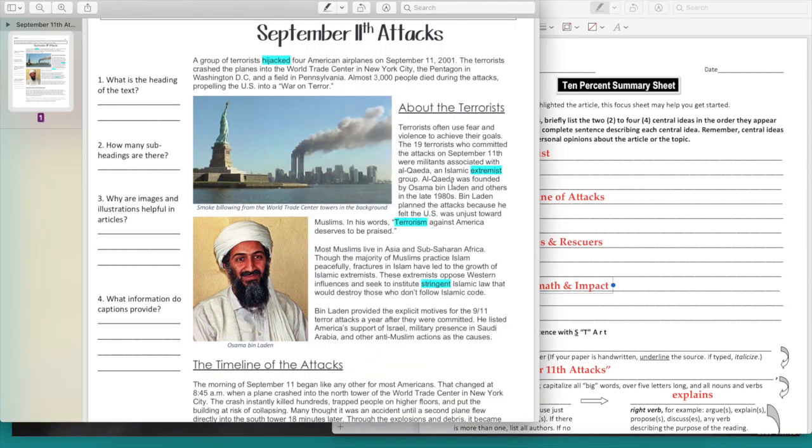So if we're looking back at the paragraph, it says, you know, they used fear. There were 19 terrorists. They were all militants in connection to Al-Qaeda, which happens to be an extremist group. It was founded by bin Laden in the 80s.